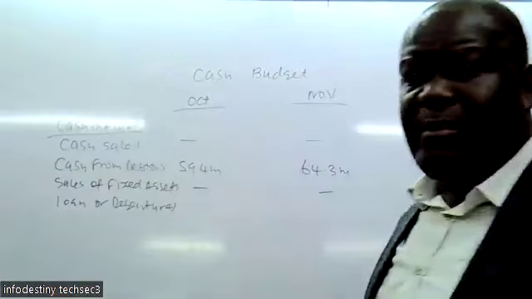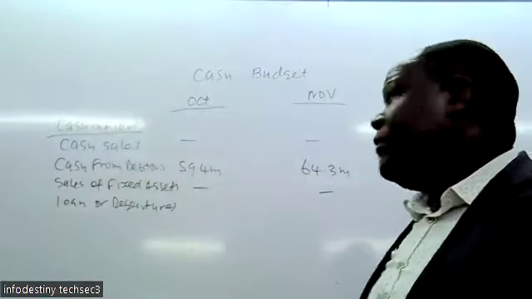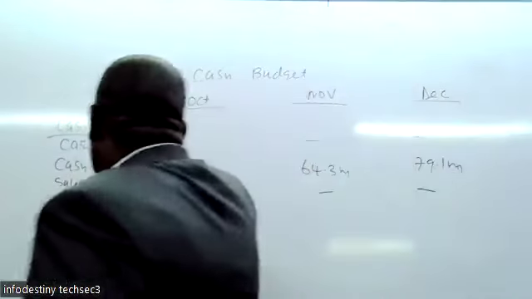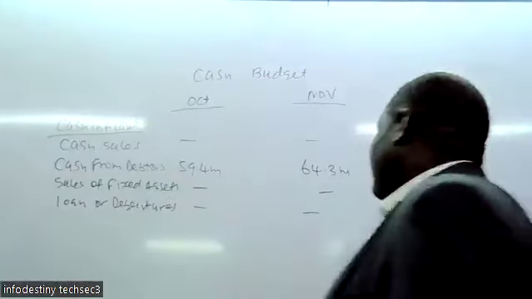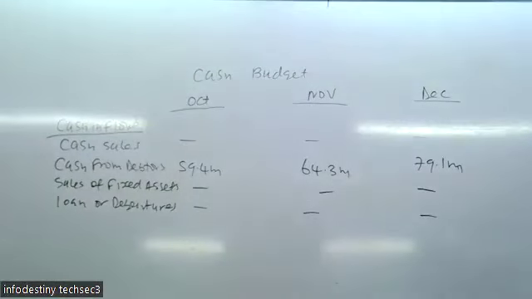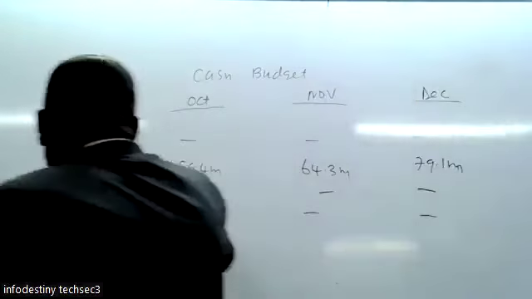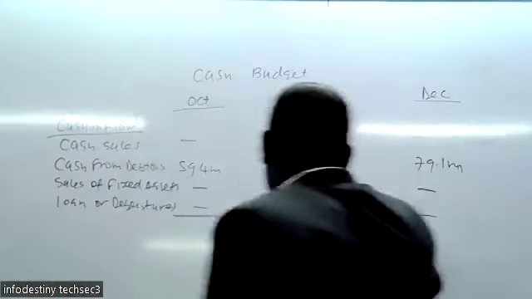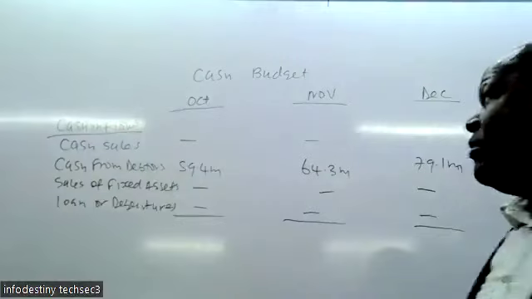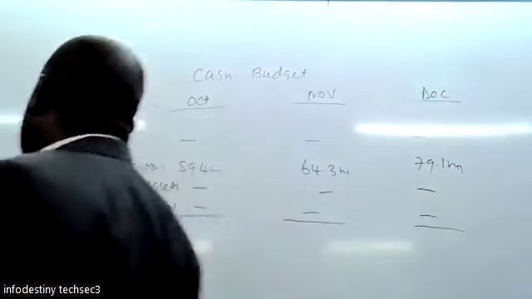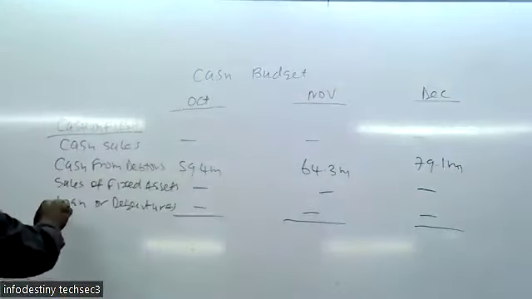If you borrowed money, it will appear as a cash inflow. This question had no such figures. So those are the key 4 items that normally appear on the side of the cash inflows in the cash budget.